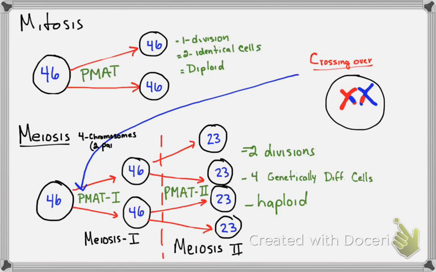Another thing you need to remember is that chromosomes separate during anaphase 1 of meiosis, and chromatids separate during anaphase 2 of meiosis. During mitosis, you don't need any number after the phase. Chromatids separate during anaphase.